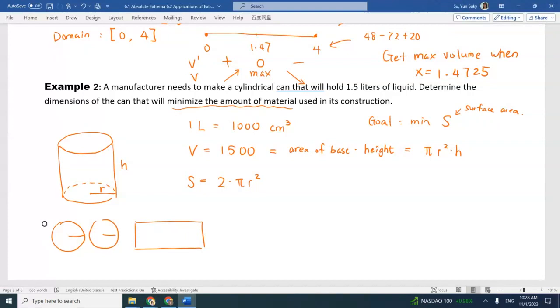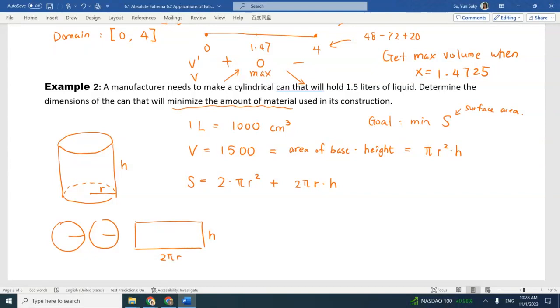And then the side, when you cut it and open it, it's a rectangle, with the width being the height and the length being the circumference of the circle, 2 pi r. So the area of the rectangle is the length times width. So far, so good, everybody?